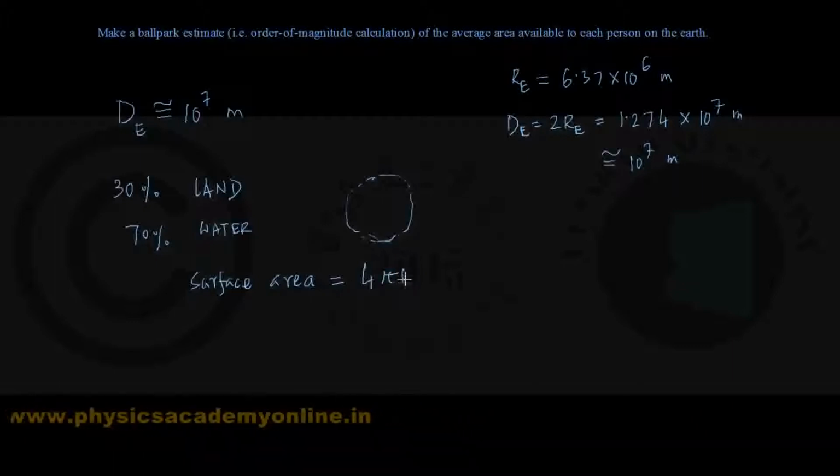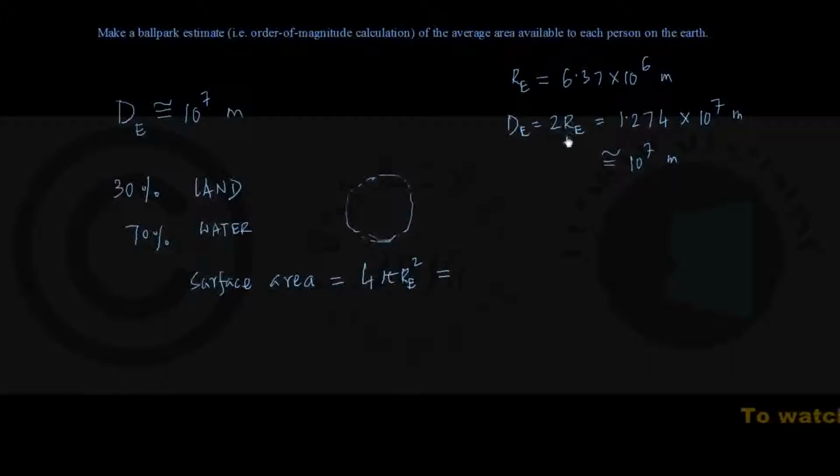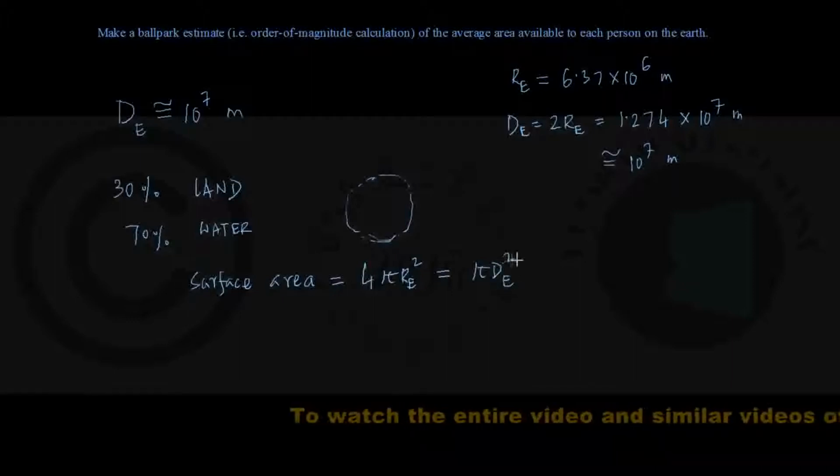In this case it is 4 pi re square, and you can easily check, since the diameter is twice the radius, so de square is 4 re square. So I get a very simple form here, which is pi de square.